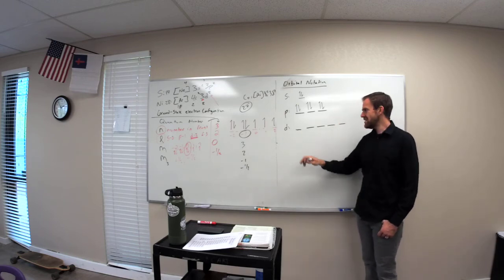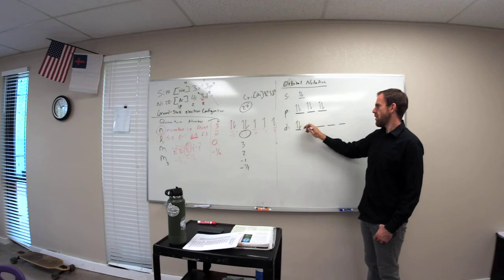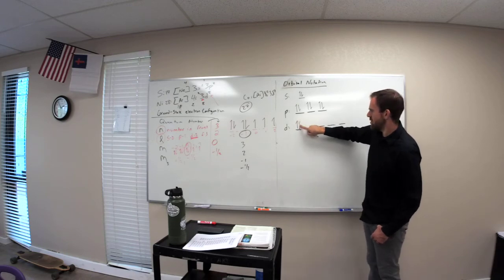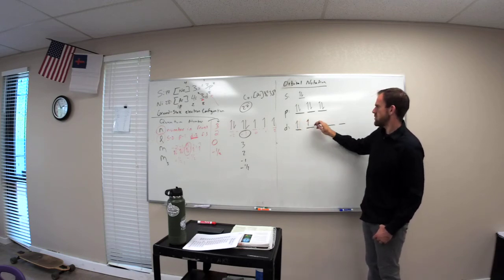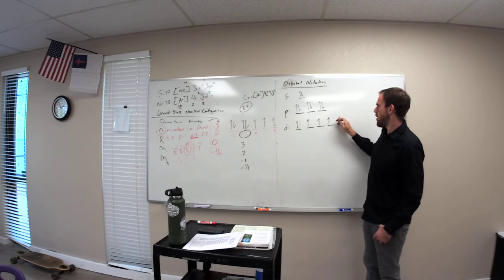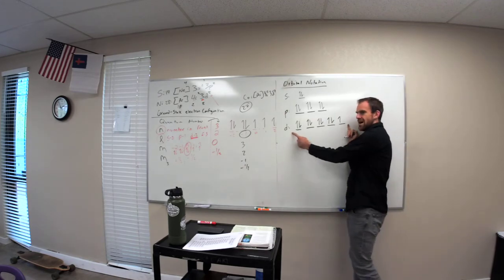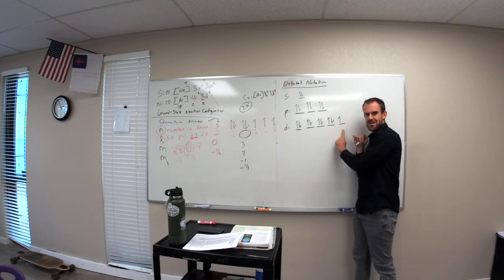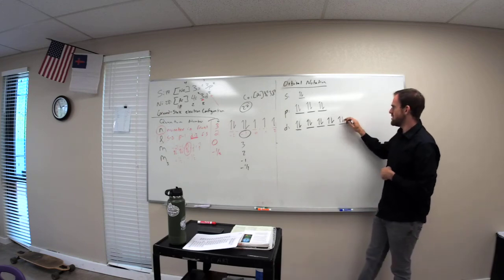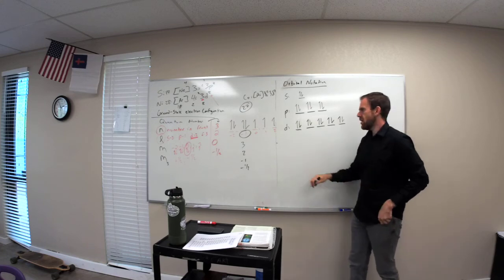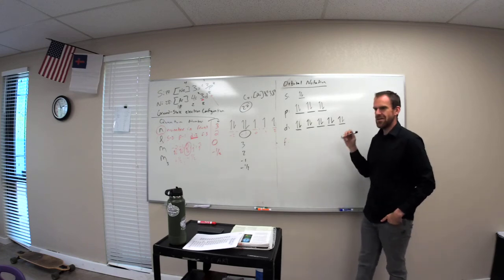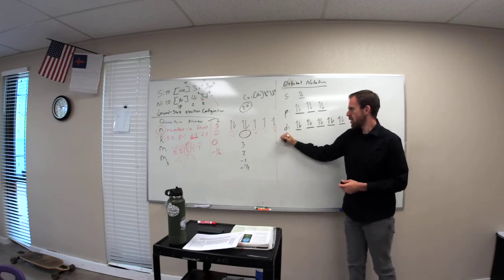So if I'm filling the d orbital, I fill the positive ones first, then I fill the negatives. If I only have 9 electrons, I would stop right there and not fill the 10th one. If you have a full d orbital, then you would fill it. And then F is 7 of them. I'm not going to write it.